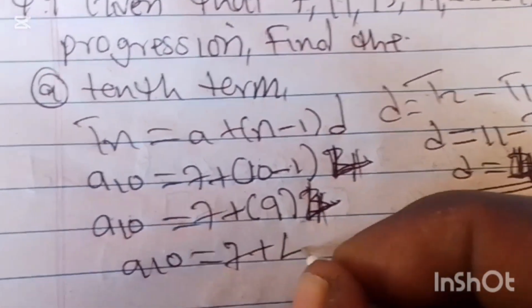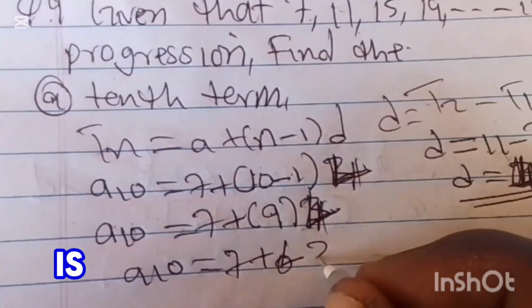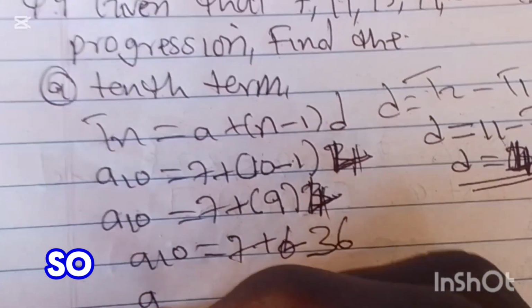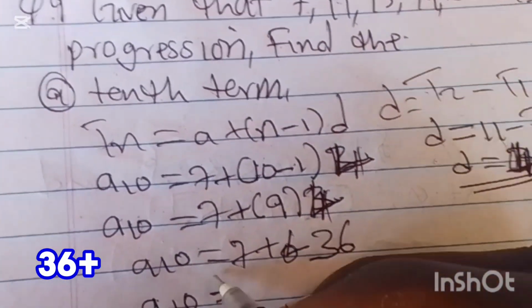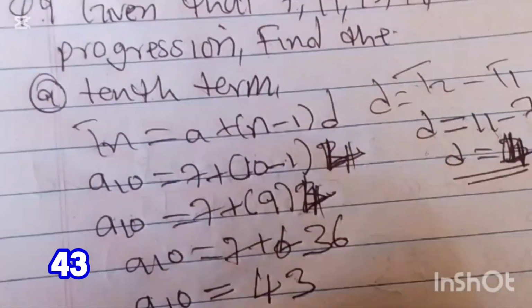So we multiply 9 by 4, which is 36. So term number 10 is equal to 36 plus 7, which is 43. So this is the answer.